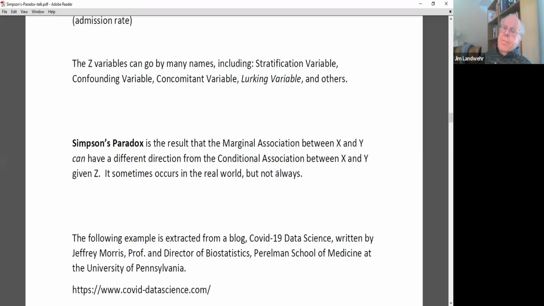In the first example, the marginal relationship between X and Y, considering both years, was that Jeter had a substantially bigger batting average, but the conditional relationship in each of these years was that Justice had a slightly higher batting average. This is the way I would describe Simpson's paradox in terms of these examples.